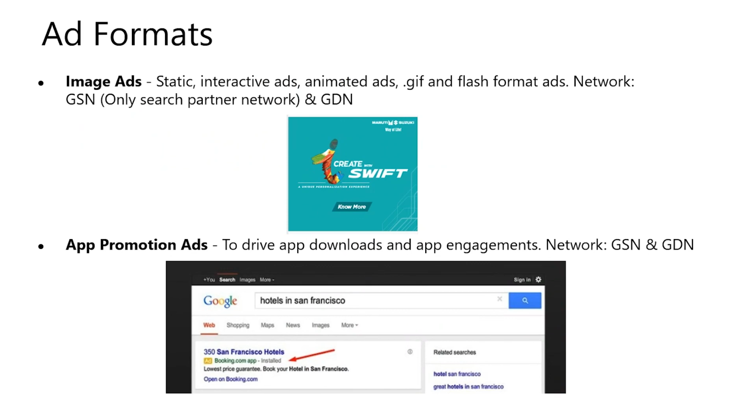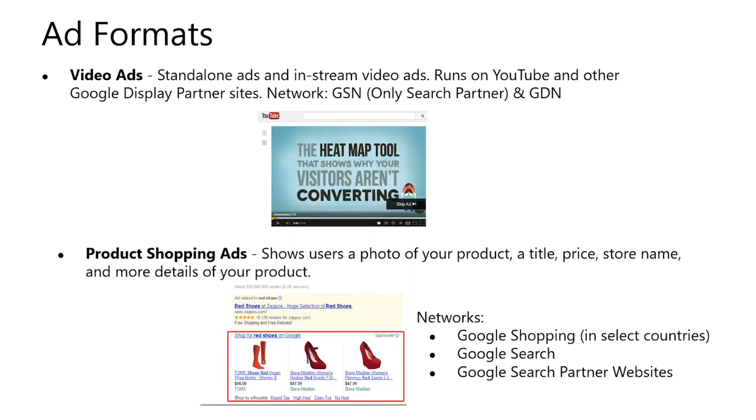You have image ads or banner ads, which could be GIF, JPEG, PNG ads that are shown as a part of the Google Display Network. Or if you want to promote your app, you could have app download campaigns in Google search or Google Display Network, and get downloads for your apps through Google searches.